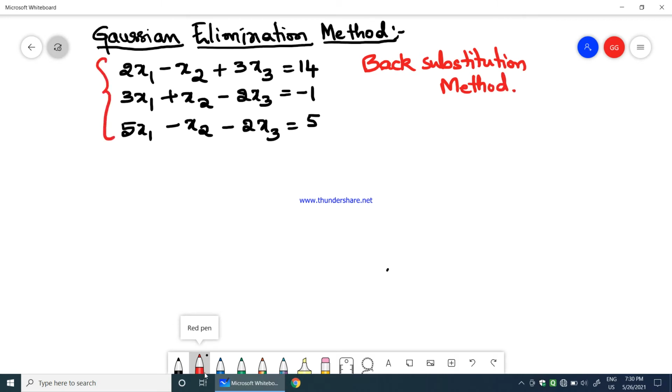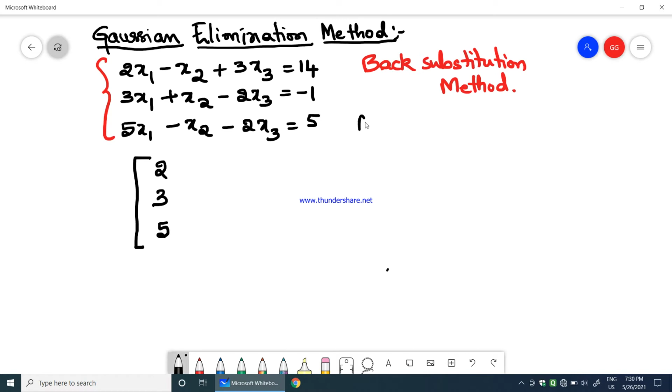For the Gaussian elimination method, we write the augmented matrix for this particular system. In the same way, we write it for the Gauss-Jordan elimination method.